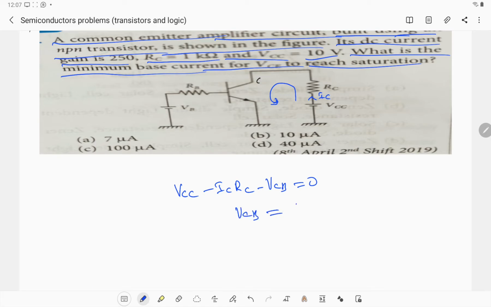Therefore, VCB is equal to VCC minus ICRC. To reach saturation means VCE becomes 0, the output voltage in saturation is 0. That is VCC minus ICRC.